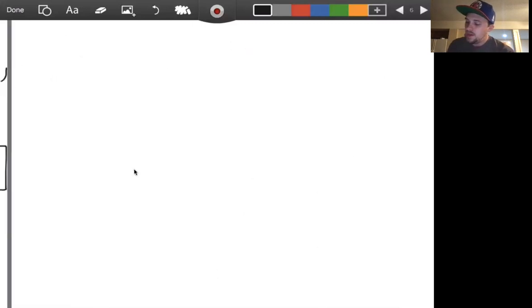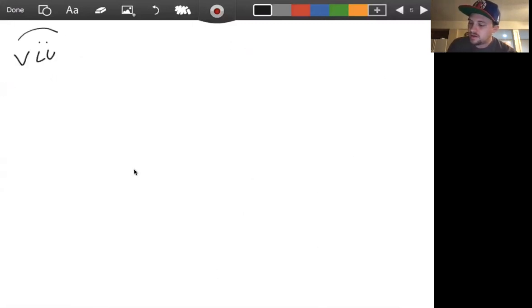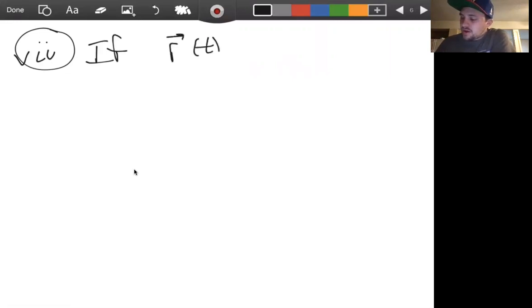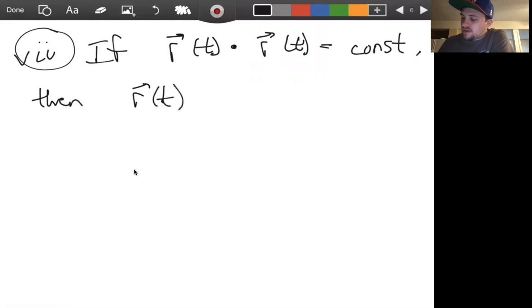Okay. One more rule that I'd like to discuss here, which is an interesting rule to think about. I'll let you ponder this and see if you can understand what it is trying to tell us. It says if the dot product of a vector valued function with itself is a constant, then r of t dot r prime of t equals 0.